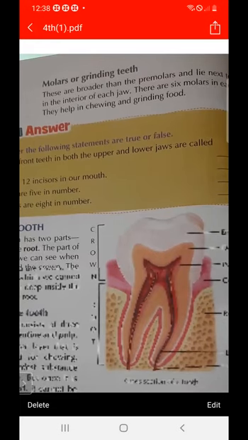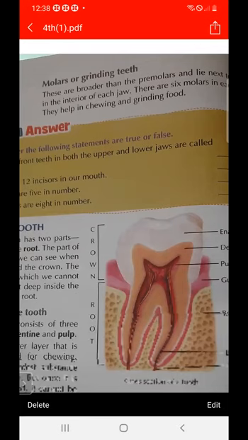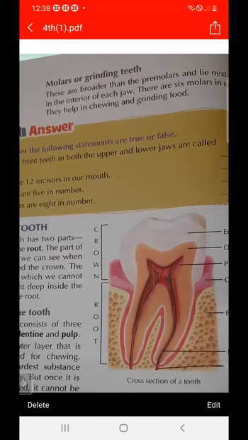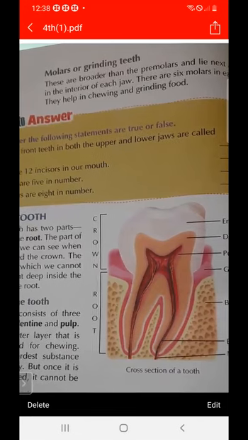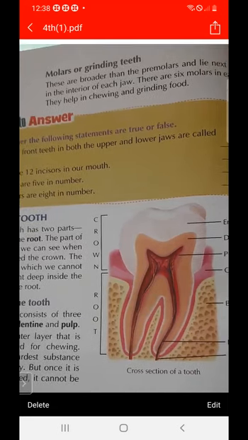After premolar, the molar exists and they are broader than the premolar. जो हमारी जड़ होती हैं जिसको हम मोलर्स बोलते हैं वो हमारी प्रीमोलर से ज्यादा ब्रॉड होती हैं, and lie next in the interior of each jaw, and these are 6 in number in each jaw. So in each jaw they are 6 in number, which means they are 12 in number. Incisors are 8, and what is the number of canines?